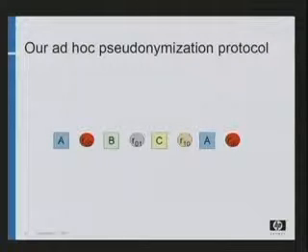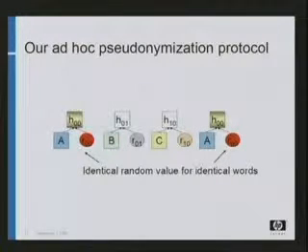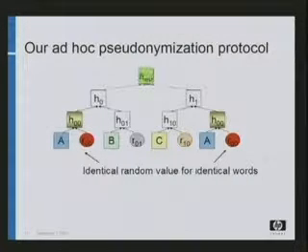But notice that for the identical words A, we choose the same random value. This means that when you compute the hash value, the first one and the last one will have the same hash value, H00. And then the data owner will do the construction of the Merkle hash tree just as before.